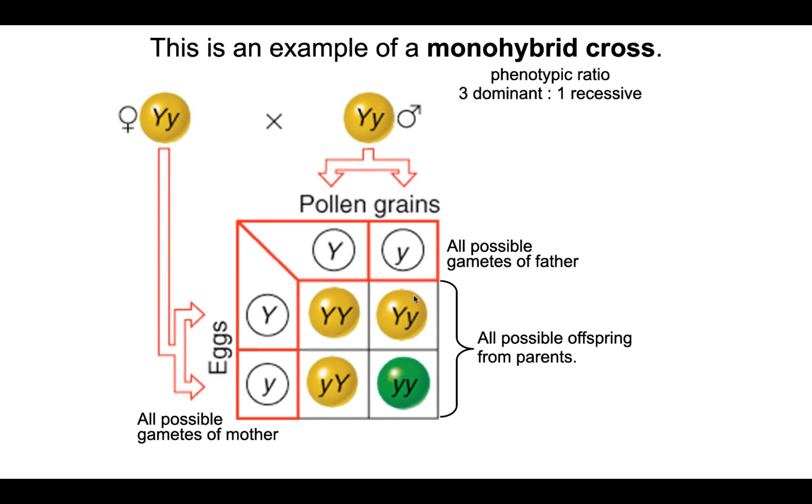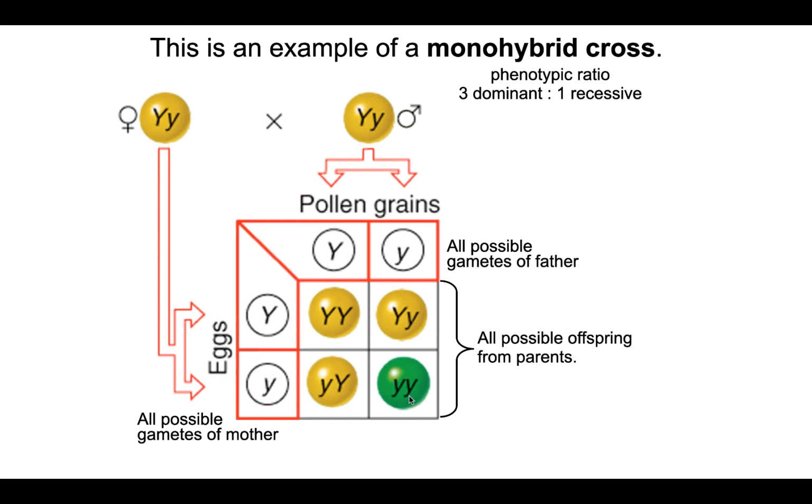Notice there are two different ways that a heterozygote can get made: one in which mom donates the big Y, one in which dad donates the big Y. Now we can overlay the phenotypes over these genotypes. Since we know that big Y is dominant, that yellow is dominant, we know we have a yellow here, a yellow here, and a yellow there. And since we know that little y is recessive, we're only going to see it when it is in its homozygous state, and so only this one is going to have green seeds.